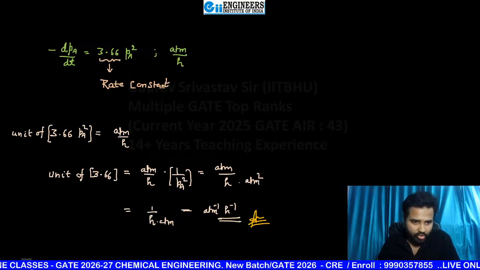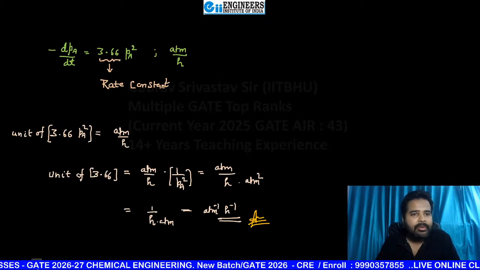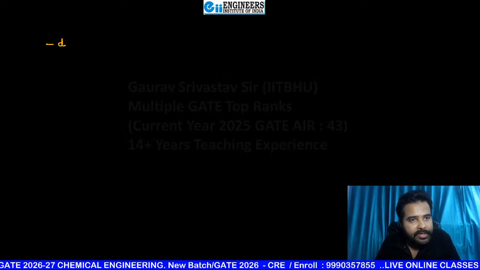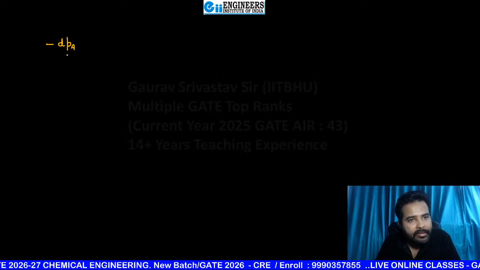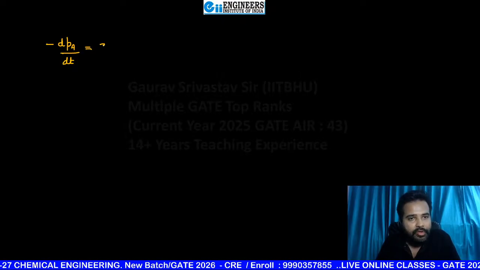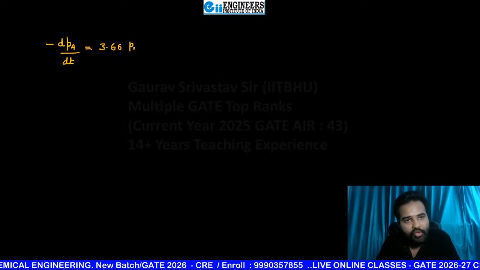I am going to solve this question step by step. So this time, my dear students, we want to write this dPA by dt is equals to 3.66 PA square.